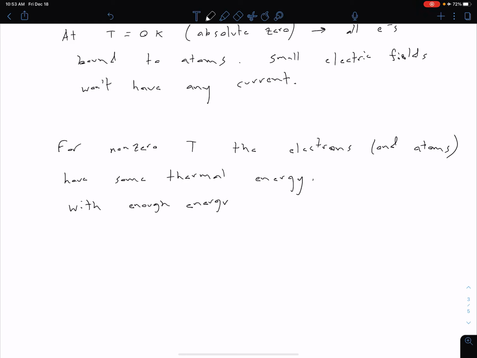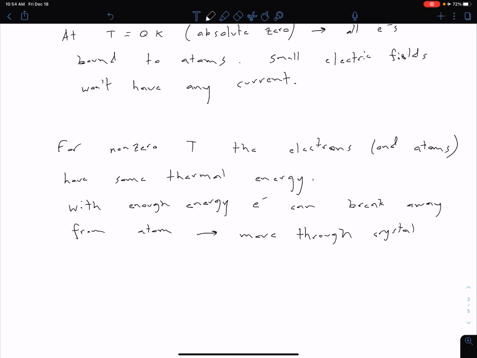So with enough energy, an electron can break away from whatever atom it was previously bonded to. Once it's broken away, it can then move through our silicon crystal lattice, again assuming we're still talking about silicon. But of course the same principle applies to any type of semiconductor.